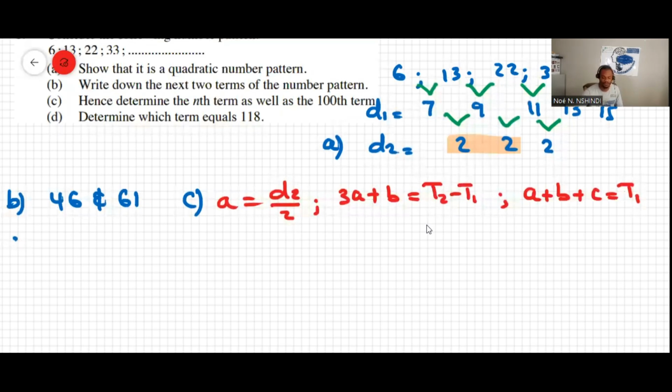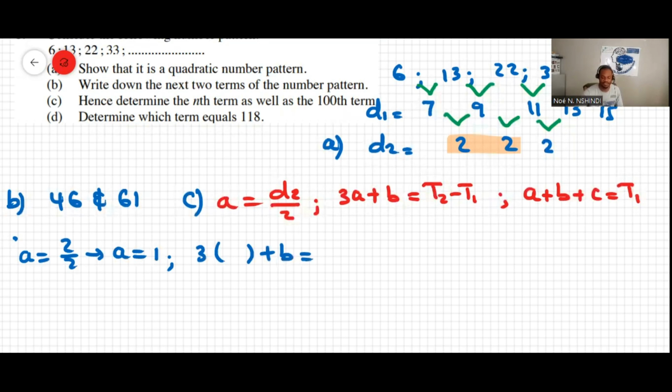Those formulas are important. They will help us to calculate the nth term. So we can say that A will be equal to D2 over 2. So it's going to be 2 over 2. That means A is just 1. And then 3A plus B will be T2 minus T1.